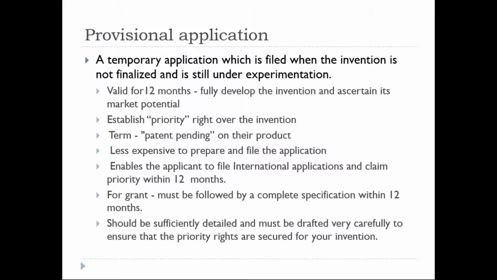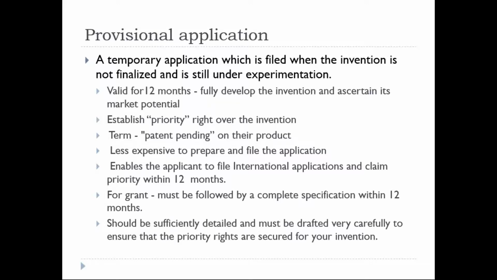Whatever you are disclosing in the provisional application, only that should be extended for the complete filing, right? Because only you have protected the red color ink invention in provisional, right? You get priority date only for that, not for the other color pens, right?